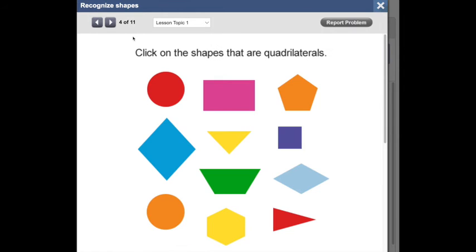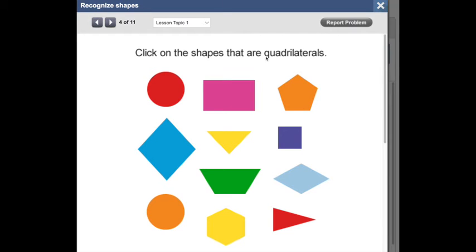Going on. Ooh, let's read this together. Click on the shapes that are quadrilaterals. That's what that big word is. And if you're struggling with that, you can always say each letter name. You're experts at that. You can also say each sound. You should be experts at that.